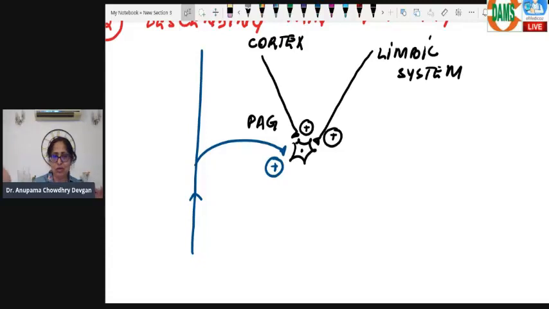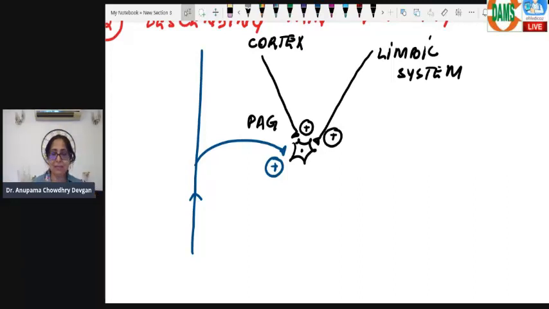So emotions and your pain perception have a very close association. A very common example which you must have heard is during a war, when a soldier is shot, there is a gunshot injury, at that time he does not even feel the pain.